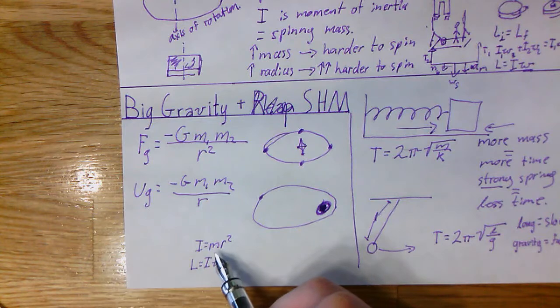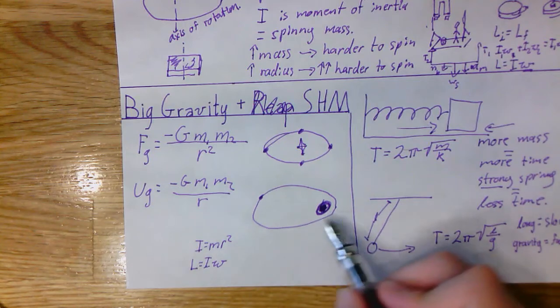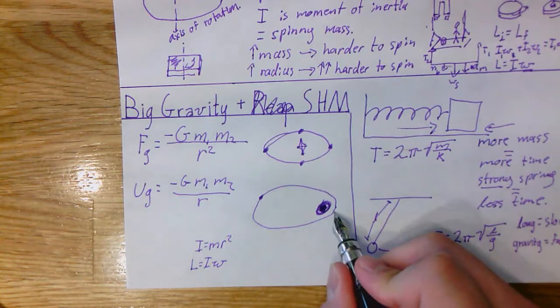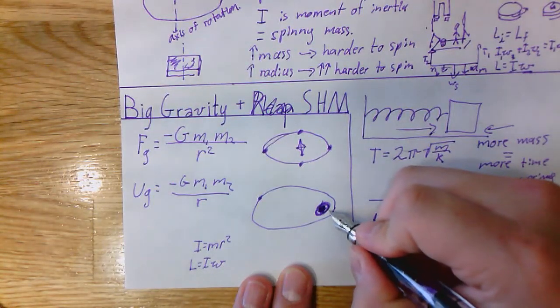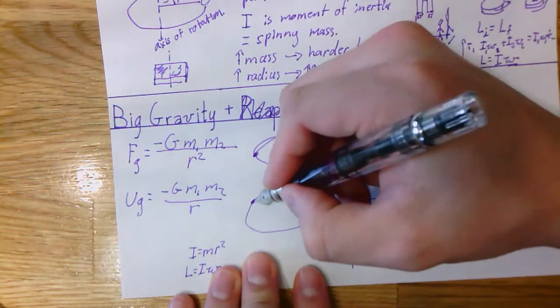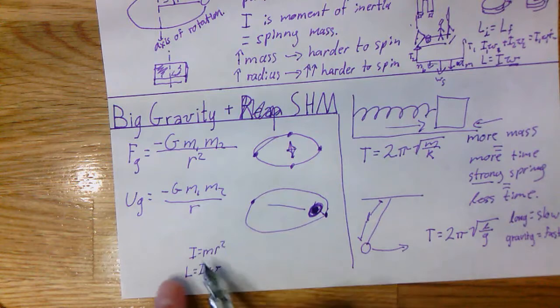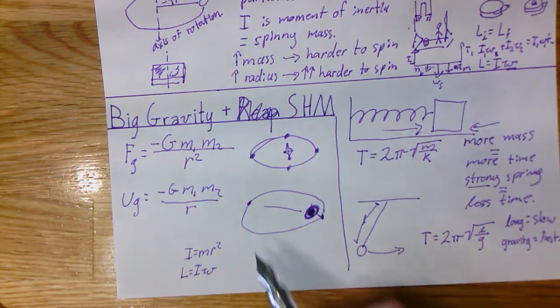No, absolutely not. So your mass is going to stay the same. Don't worry about that. R, though, is the distance from the thing you're spinning around. This is the thing you're spinning around. Here we're really far. Here we'd be really close, right? Very close, little r right there versus right there. Okay, so if we are far, our moment of inertia is big. If we're close, our moment of inertia is small.